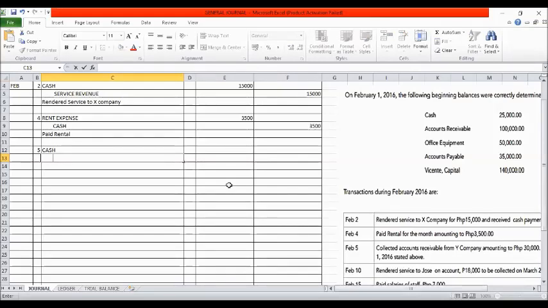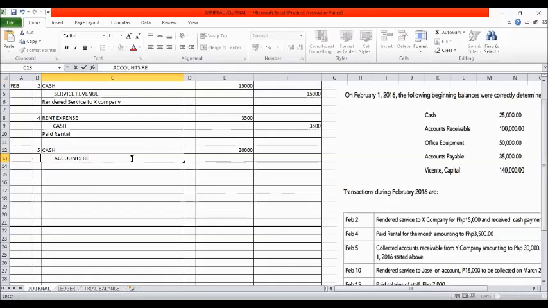Siyempre dati siyang may utang sa atin, ngayon nagbawas siya ng utang. So meaning naka-receive tayo ng cash from that company for the amount of 30,000. At ano kaya ang i-credit natin? Sinabi niya sa mismong transaction. Yes, it's accounts receivable, guys.